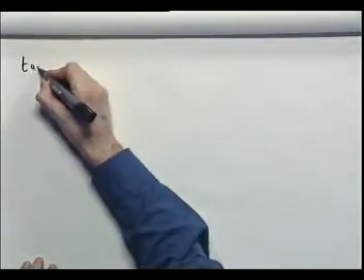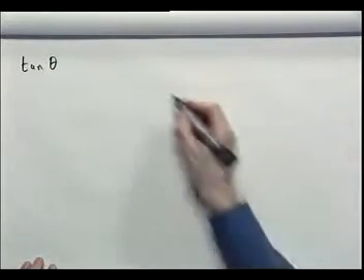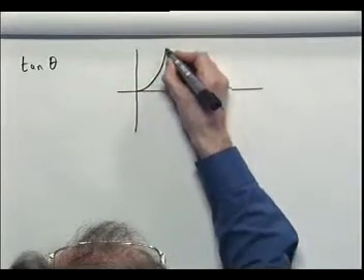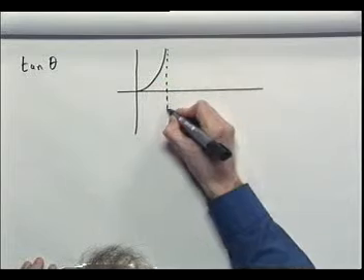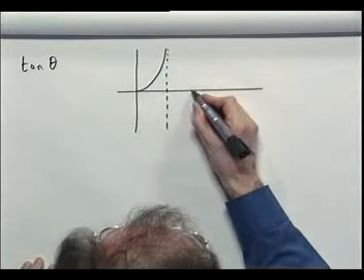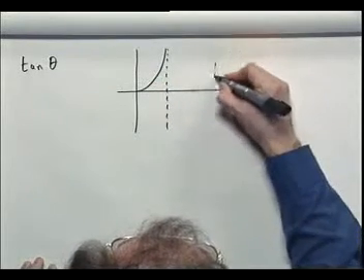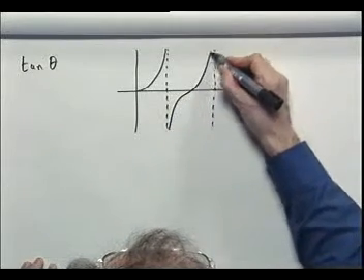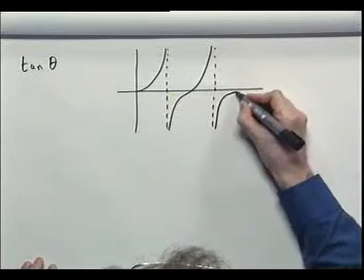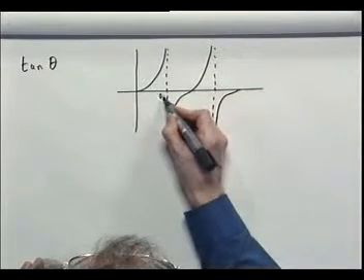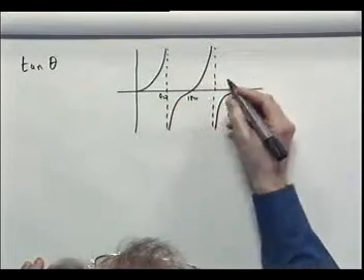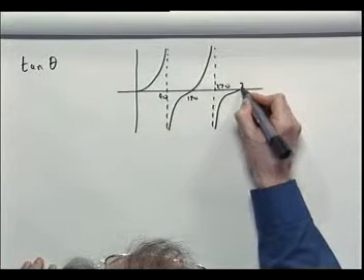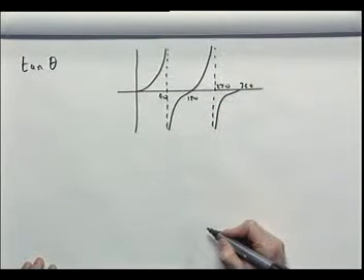Let's now have a look at the graph of tan theta. Mark these off, 90, 180, 270 and 360.